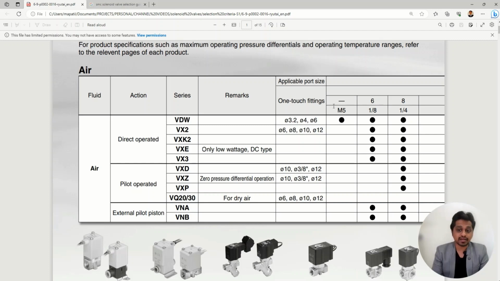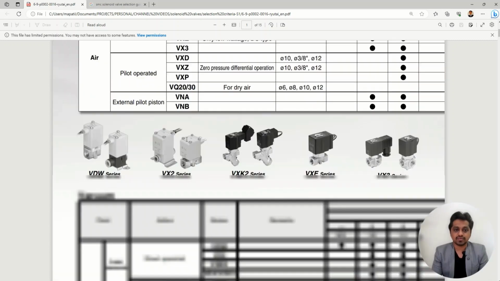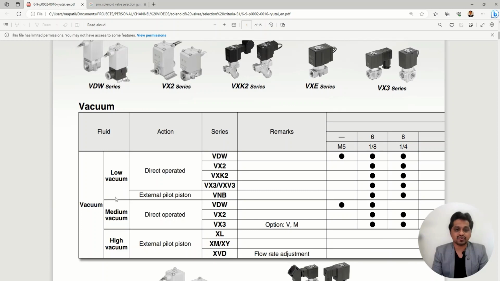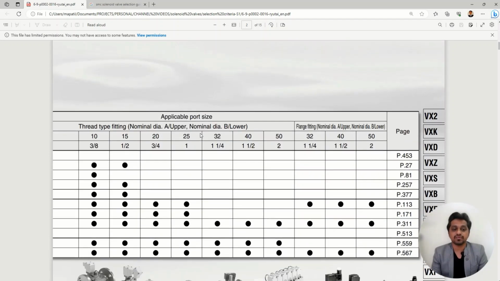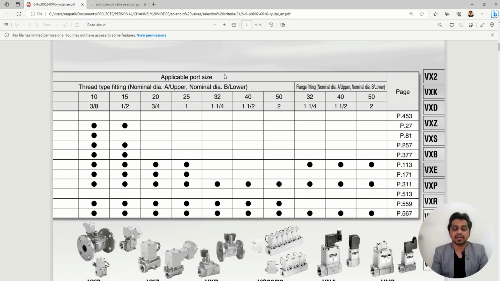When we have pilot operated valves also, their series they have mentioned, and then the fittings given over here. Then we have vacuum: low vacuum, medium vacuum, high vacuum. Then again we have direct operated, external pilot. So which series we can go with, and the applicable port size chart they have mentioned over here.